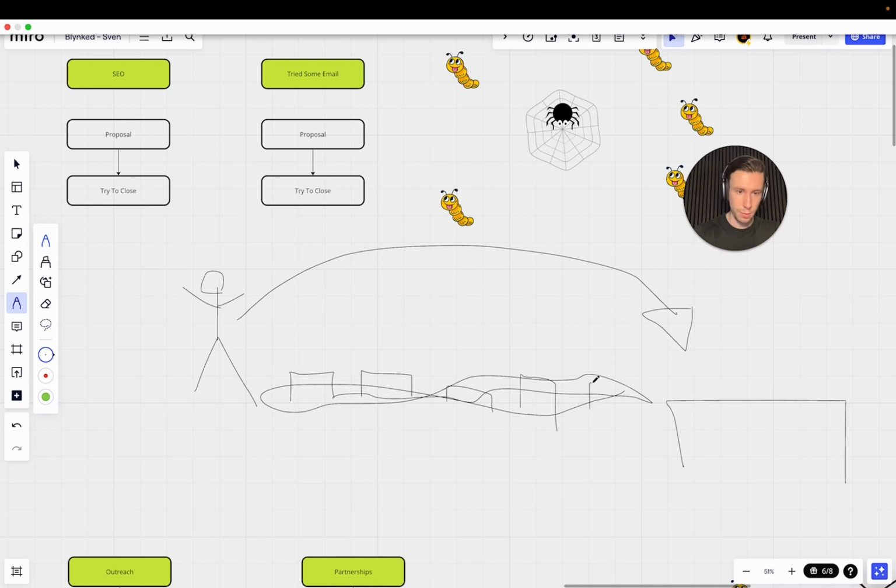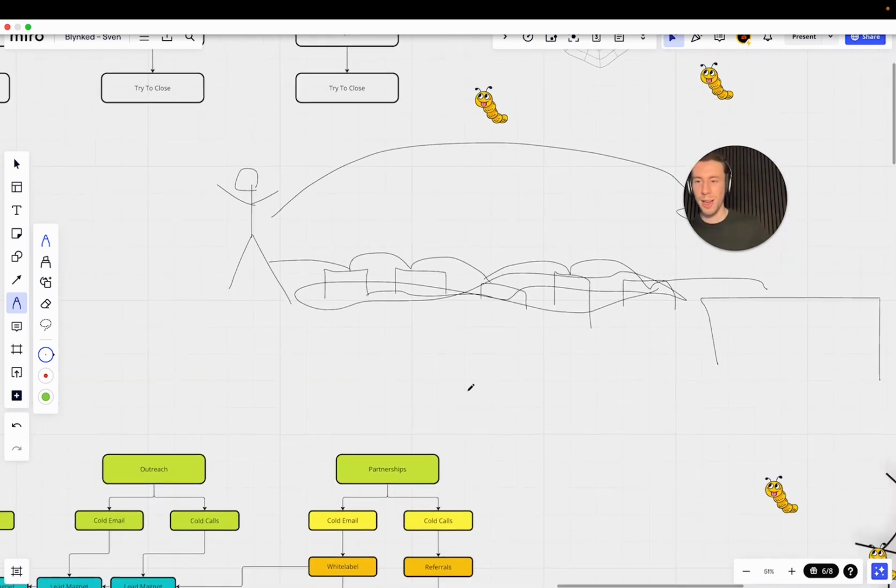Don't mind these Picasso drawings. Then help them with, hey, step 1, step 2, step 3. Check in. Hey, how are you doing? How's the journey to getting to the other side? New step, new step. And then they get to the other side in a successful way. That was what I was trying to convey.